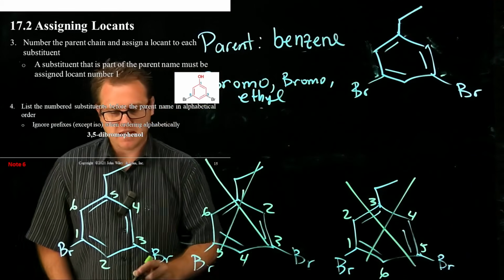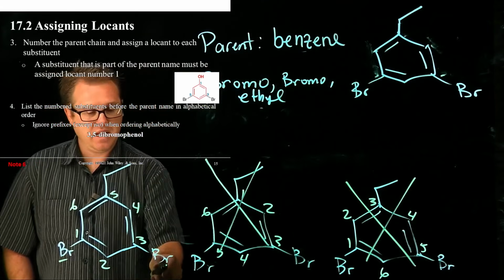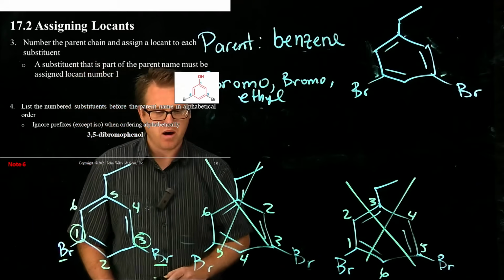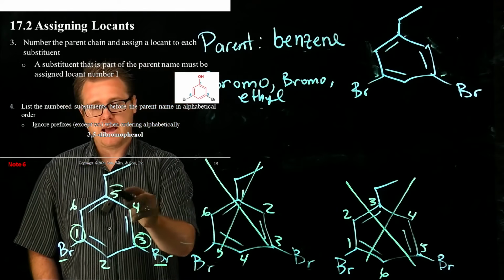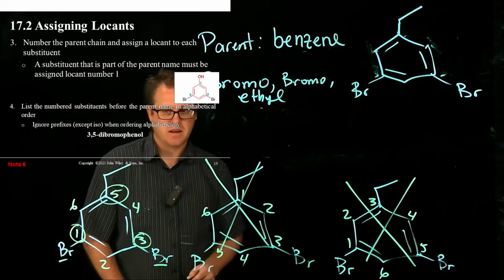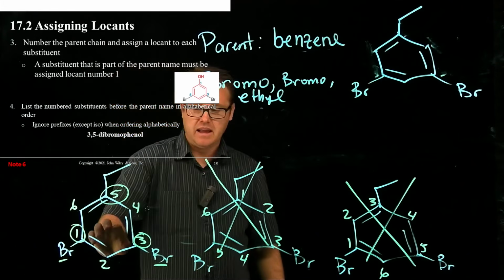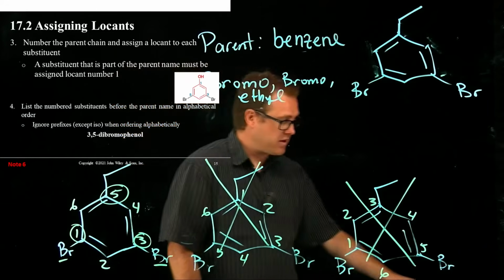So when you look at this, you can see that the substituents that start with B have the smallest locator number possible. And then the ethyl group has 5. So this molecule on the far left is the correct way to number it because it's going in alphabetical order.